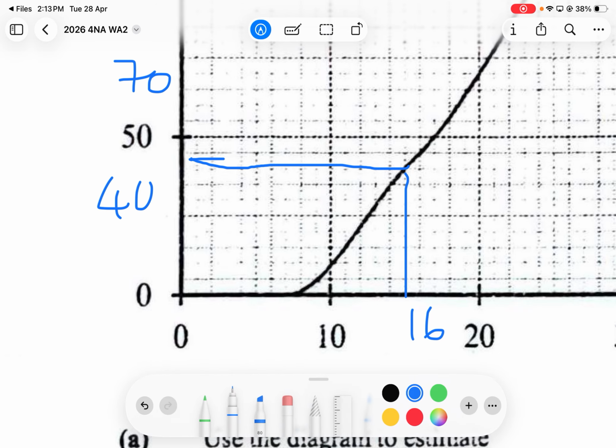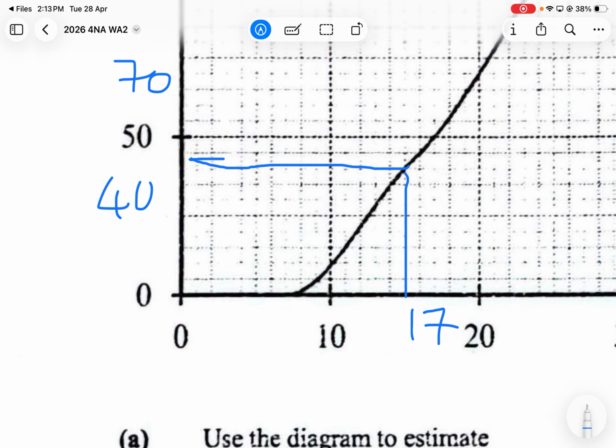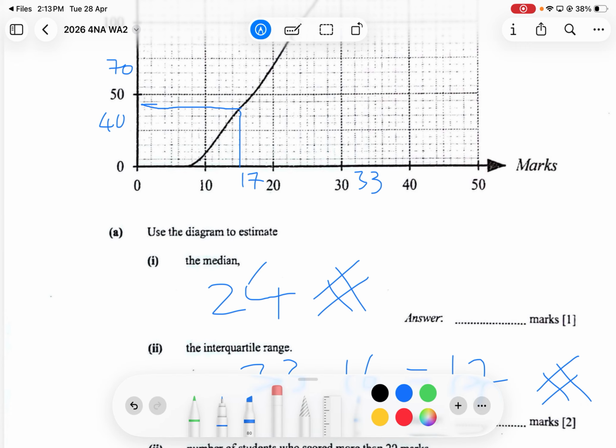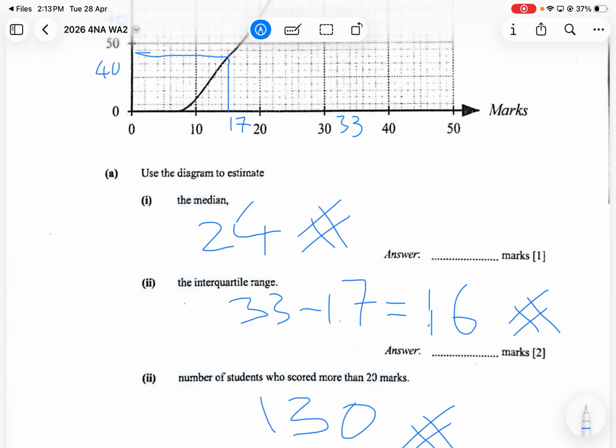Just now it should be 17, not 16. Here is 17, not 16. I must agree now that the line is a bit faint. So the lower quartile is 17, not 16.